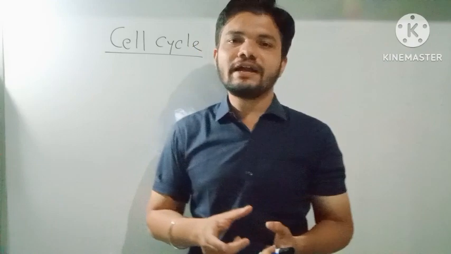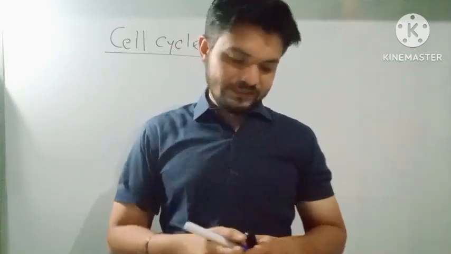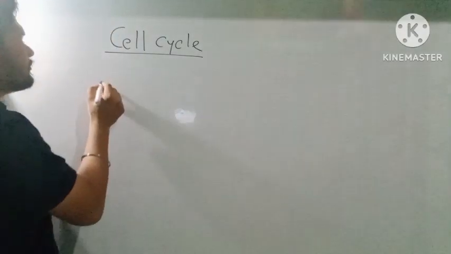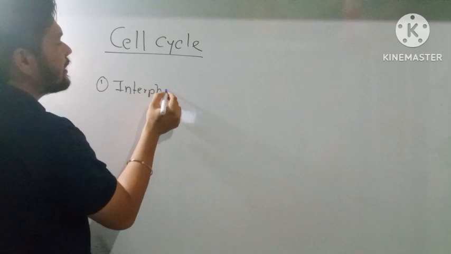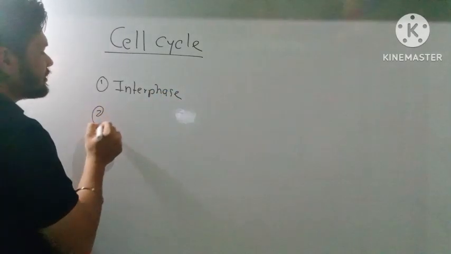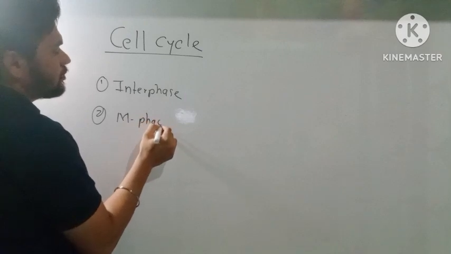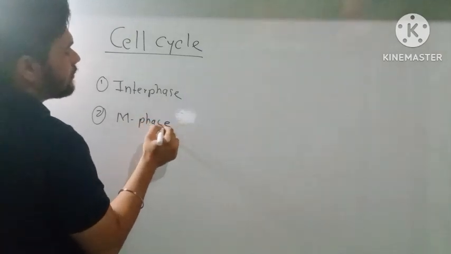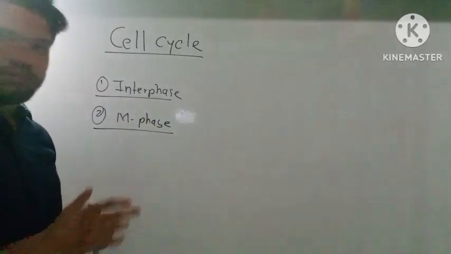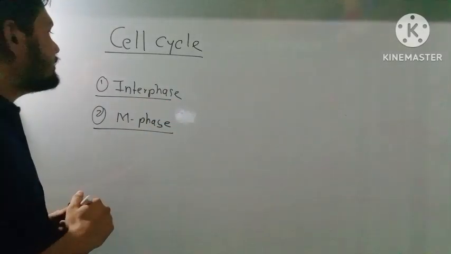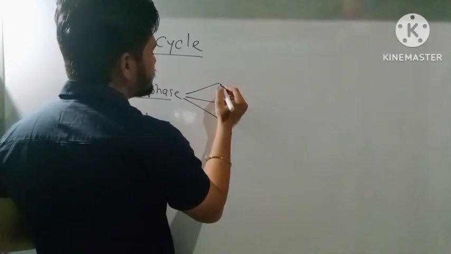So we can divide the cell cycle into two main phases. First is interphase and second is the M phase, in which the cell is actually going to divide. Interphase and M phase. I hope it is visible to you. And the interphase has its own three phases.